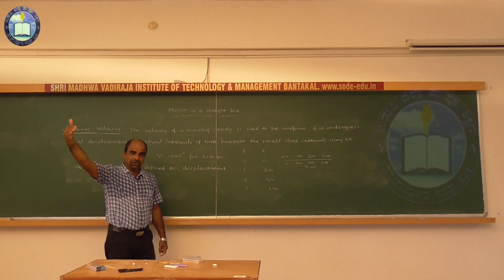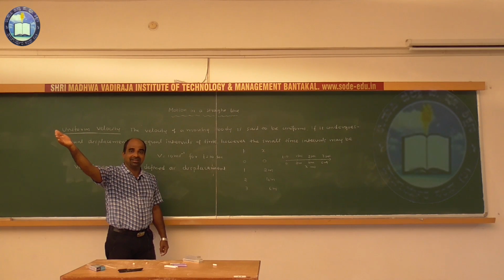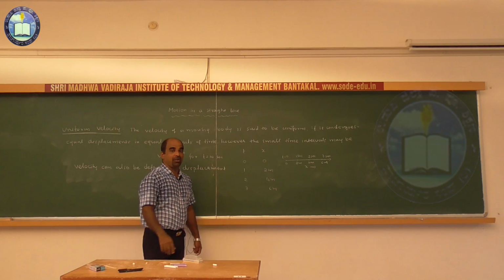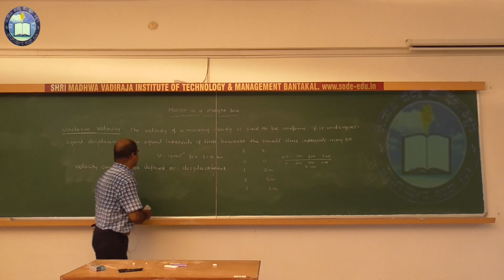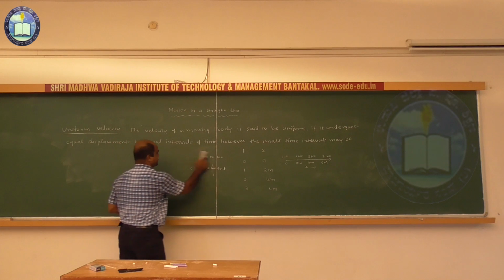When the velocity of the body is variable, then we describe the motion of the body in terms of average velocity.